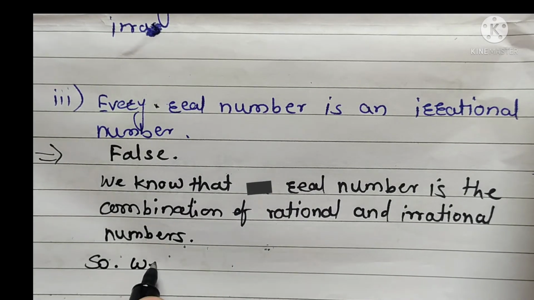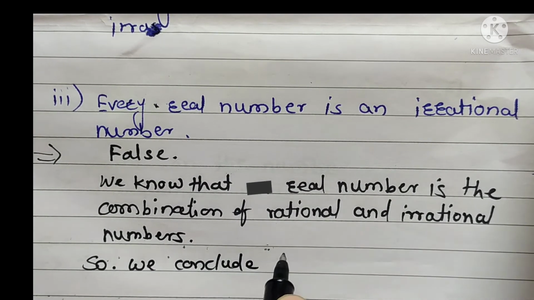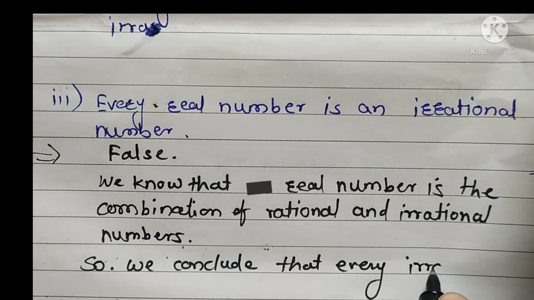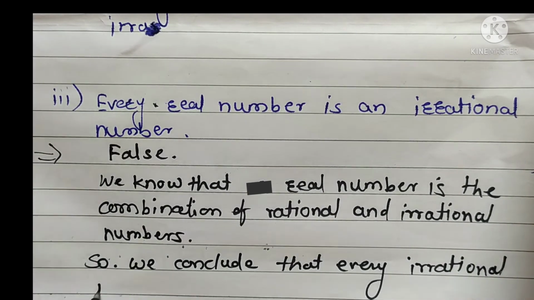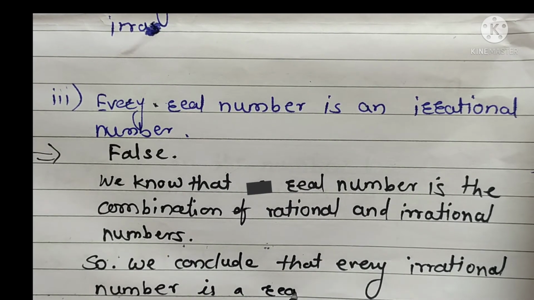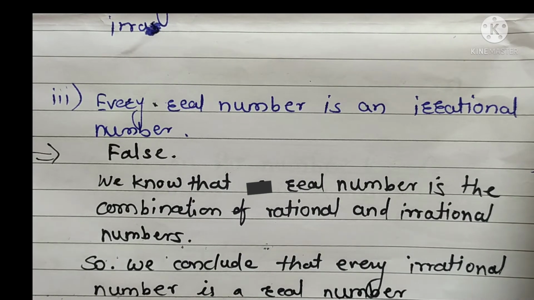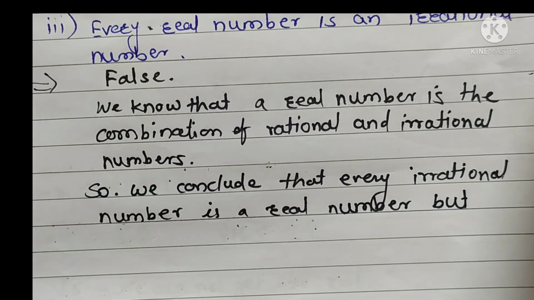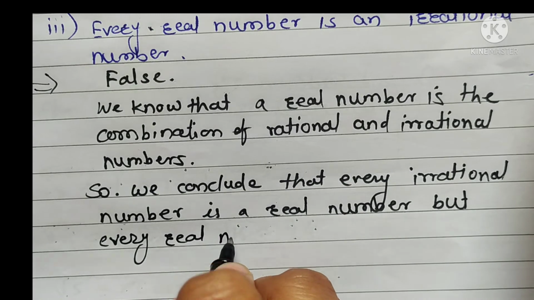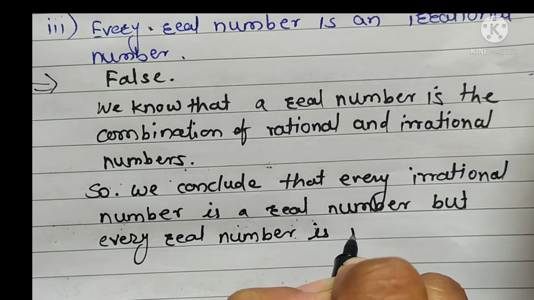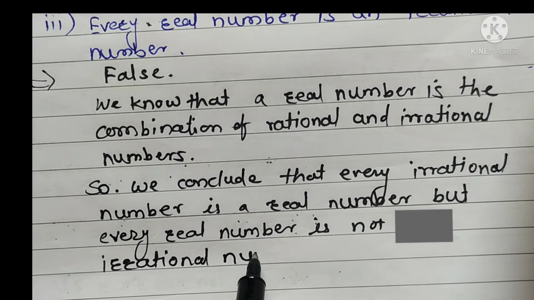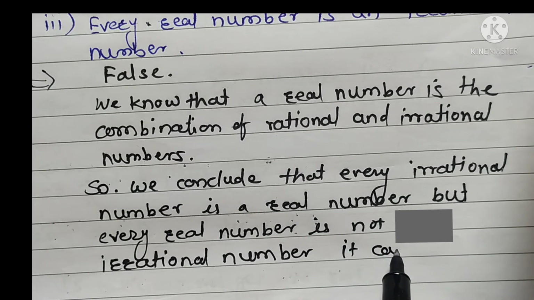So we conclude that every irrational number is a real number, but every real number is not an irrational number; it can be rational too.